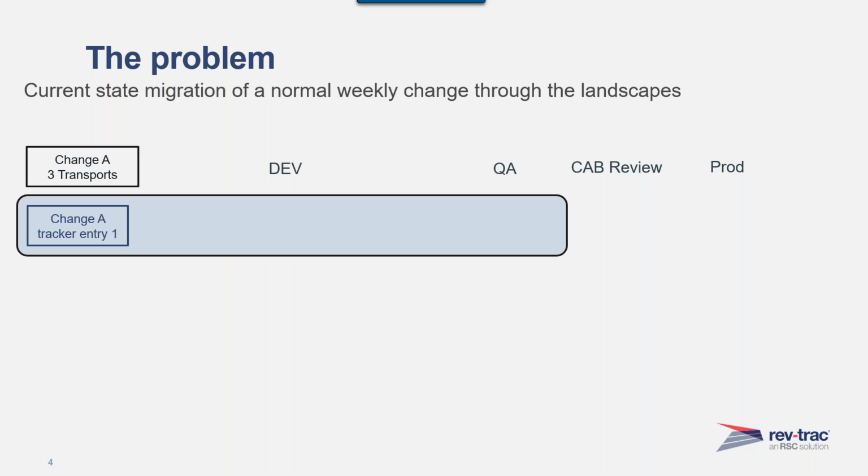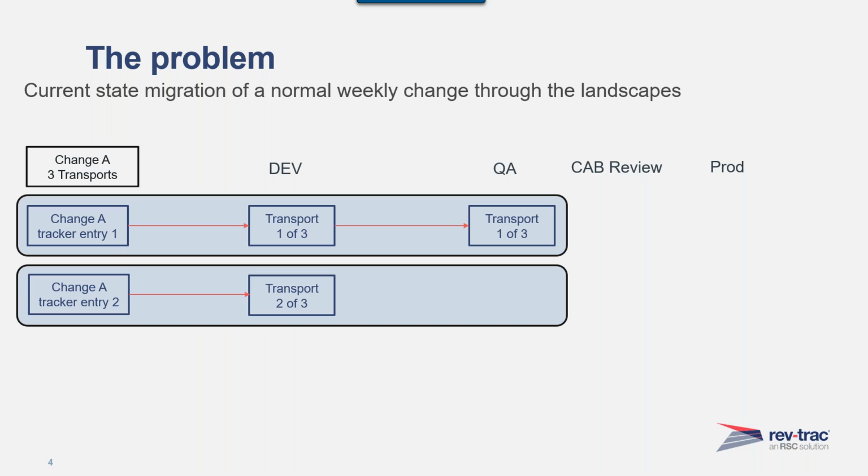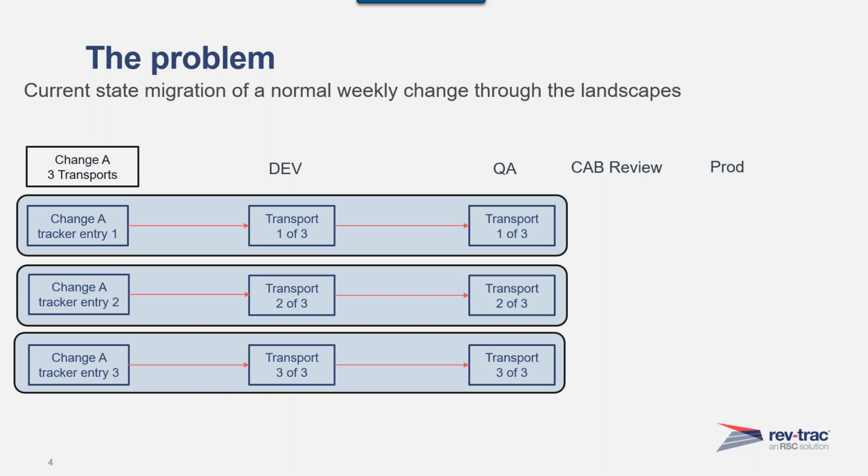Okay, Dan, let's build it out here. This is a graphical view of what our old process looked like. In this particular case, I'm showing a change that has 3 transports. The blue lines show that we had a separate tracker entry, a SharePoint list entry, for each transport, and had to keep track of that separately as it went from dev into queue and then ultimately on into production.